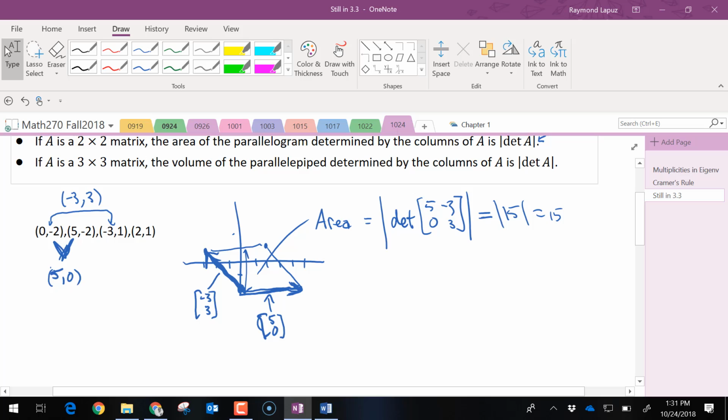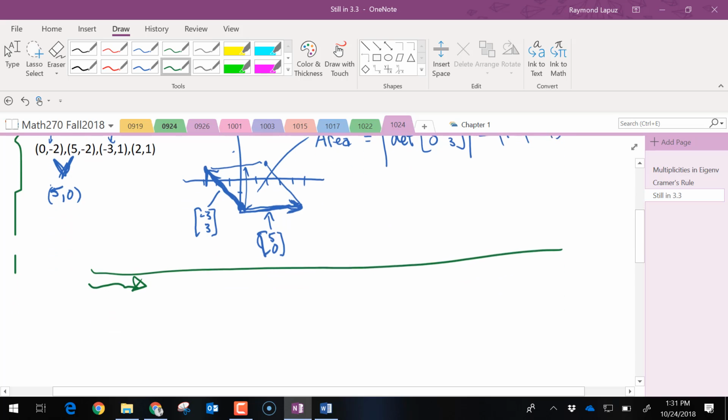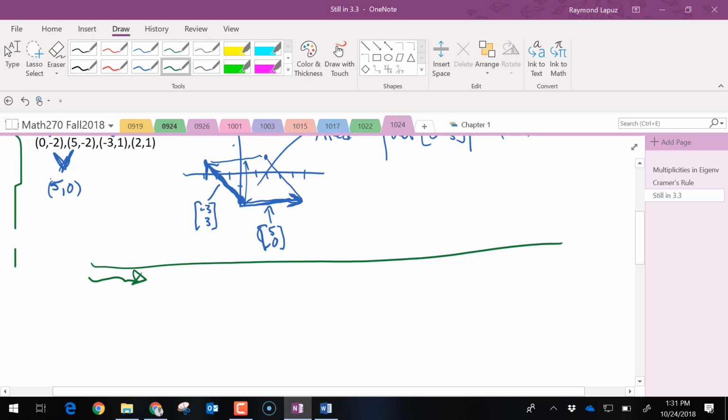The next one is just taking the determinant of a 3 by 3 matrix. I don't know if we should bother doing that. You guys can do that. If you have taken calculus 3, you'll see that, oh, I guess I shouldn't.